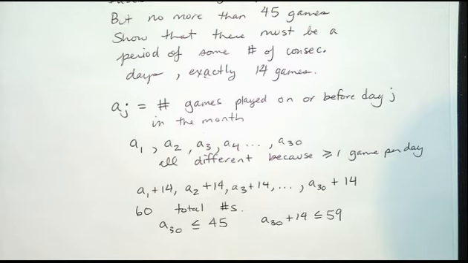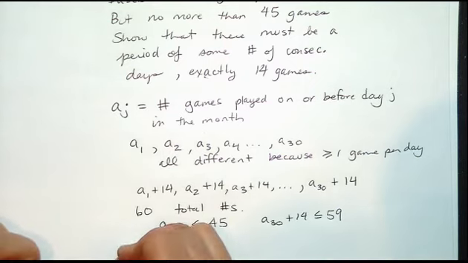If there weren't two days where the difference between the number of games is 14, then all these numbers would be different. So all the numbers in the first list and all the numbers in the second list would be different, right? However, by the pigeonhole principle, we can prove that two of these numbers are actually the same, because I don't have 60 different numbers. I only have 59 possible numbers that they can be, because the lowest one has to be 1 or more, right?